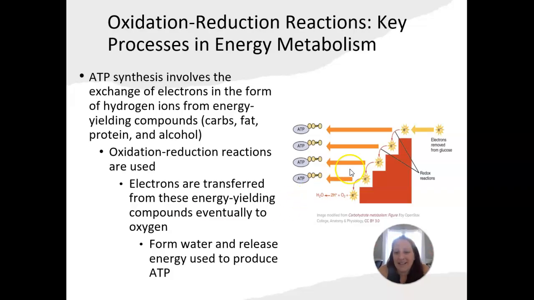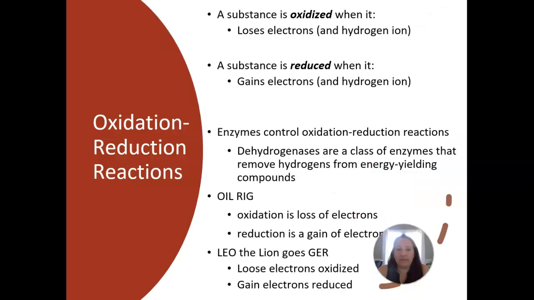These stairs here show this stepwise release of energy through oxidation reduction, through electrons being taken off of glucose and moving stepwise towards oxygen at the end. And ATP is made along the way, so energy is going to be made along the way.